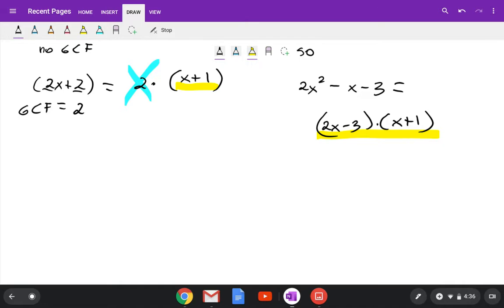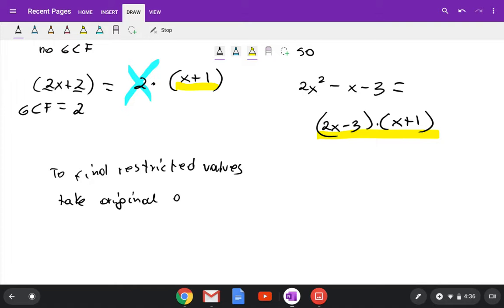Oh, let's just do it. So to find restricted values, you take the original denominator. Again, here, use the factored form.